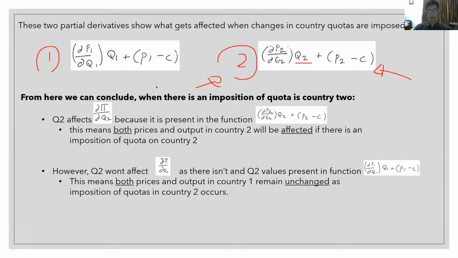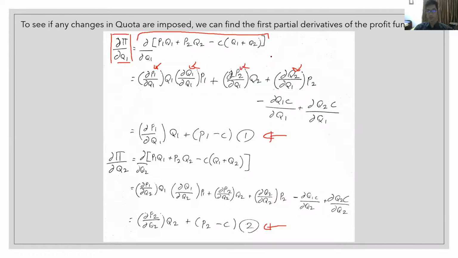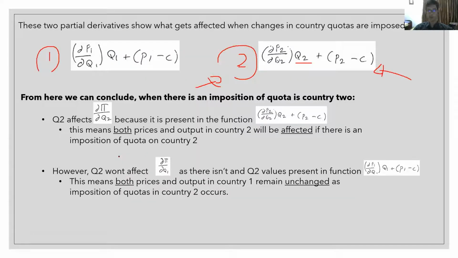Since this formula states the change of the quota in country 2 in the profit function, when there is a change in Q2, meaning a change in the output quota in country 2, there will be a change in the price and output in country 2.